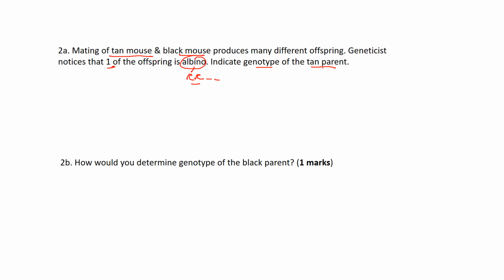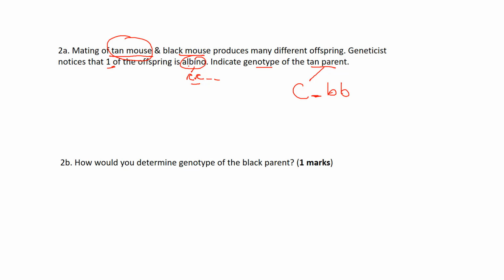Okay, so if it's a tan parent, and that's this parent right here, it must have a capital C for it to be tanned. The other allele, at this point, we don't really know, although it has given us some indication to be able to fill that in. To be tanned, we know that it must have two little b's, according to our legend that we've done in the past.